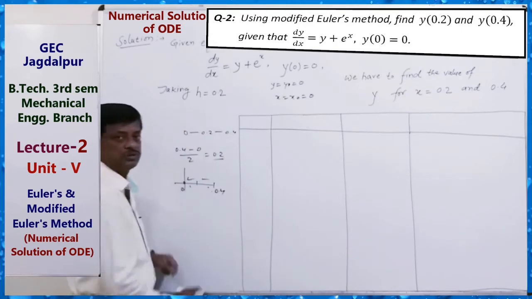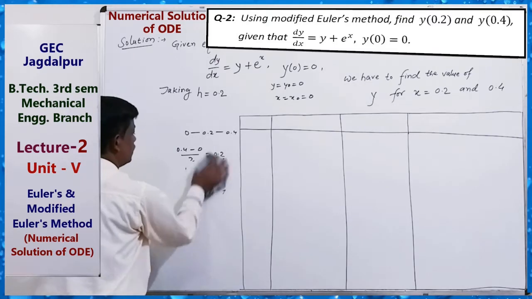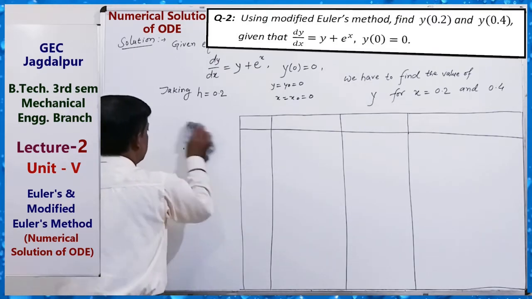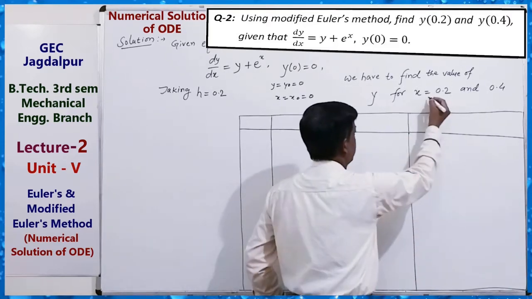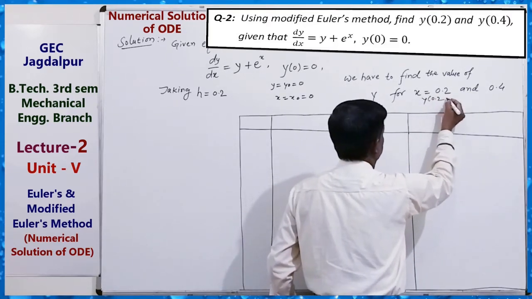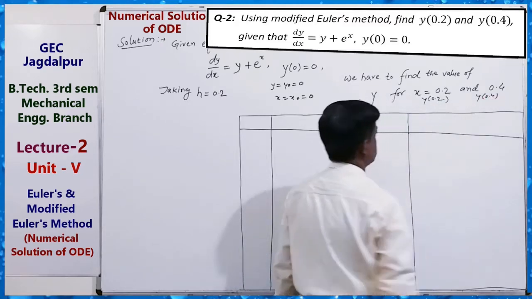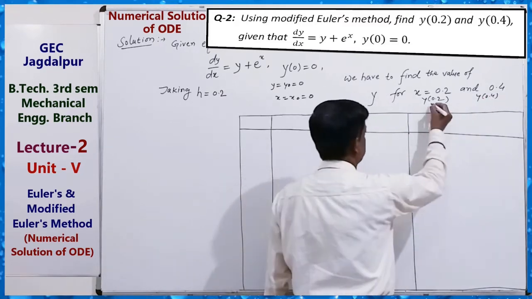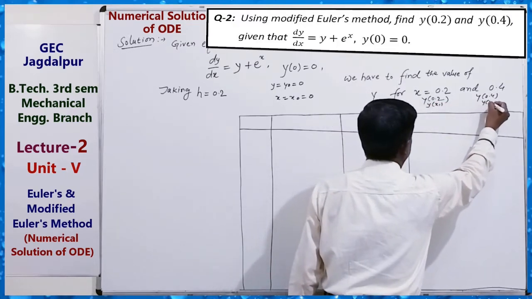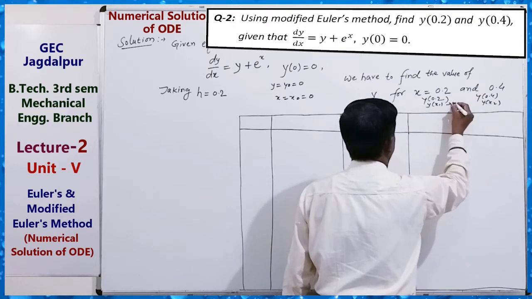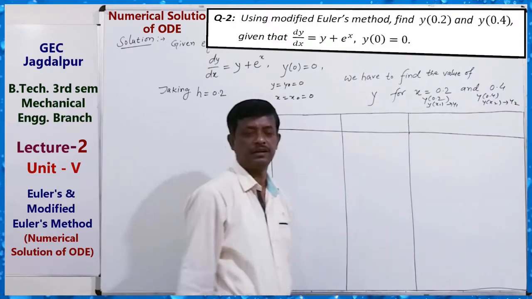So h equals 0.2. Taking h equals 0.2, our target is finding the value of y at 0.2 and y at 0.4. For this, we find y at x1 and y at x2. This is y1, this is y2. This will be our target.